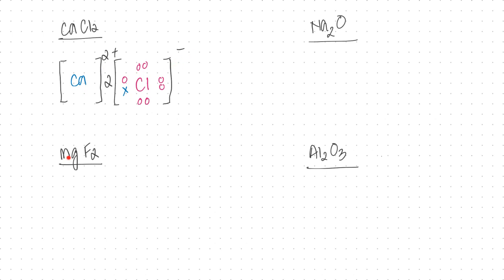In fact, magnesium is right below calcium, and fluorine is right above chlorine. This is one of the things why the periodic table is so important. To know how one thing works, I don't even have to figure it out, it's the exact same thing. I'll just be replacing calcium and chlorine with Mg and fluorine, because they form the same ions. It's the same relationship.